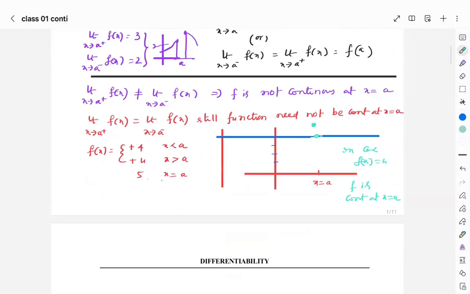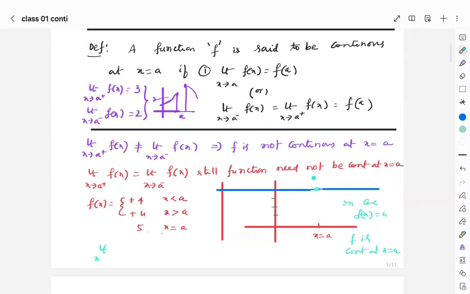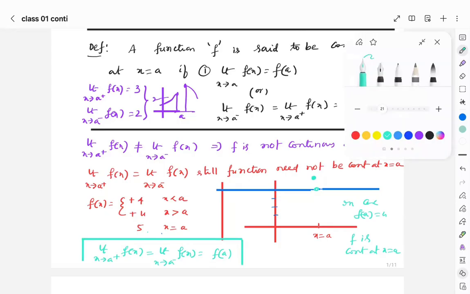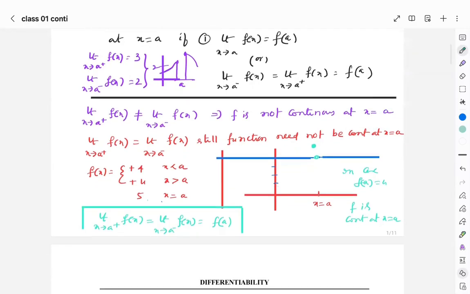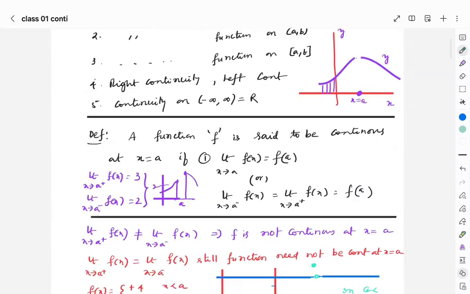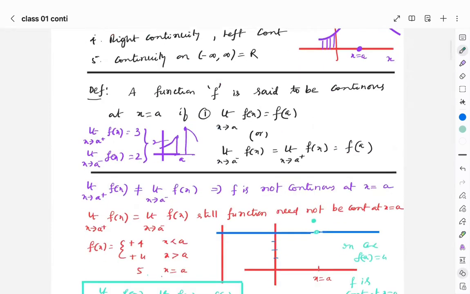That means the functional value also plays a vital role. Not only left and right limits, the value at that particular point also matters. So this is the importance of functional value in the role of continuity.